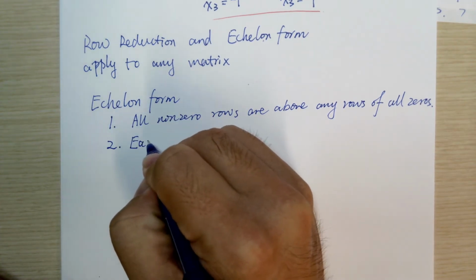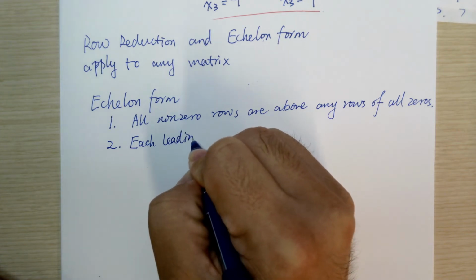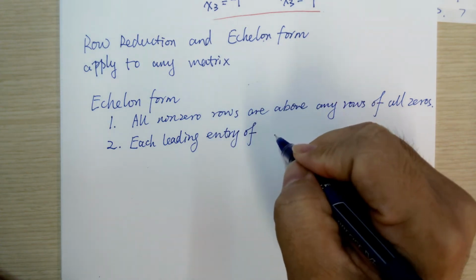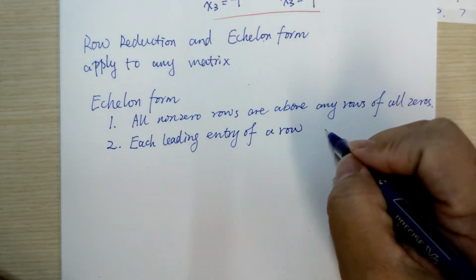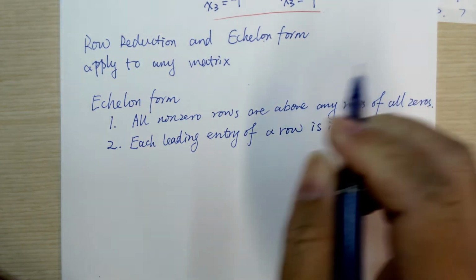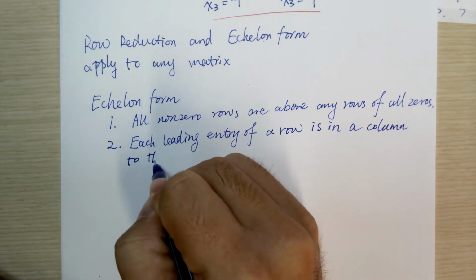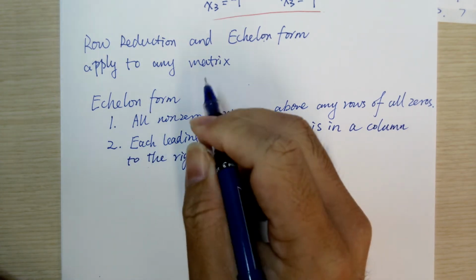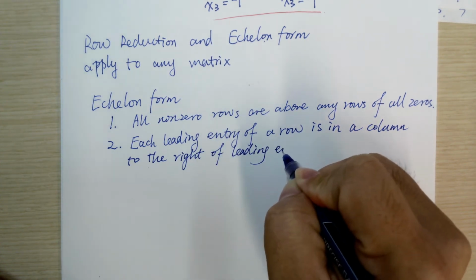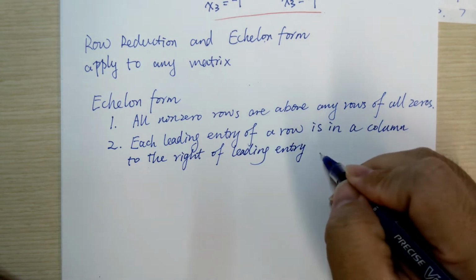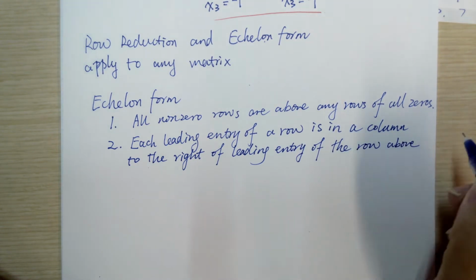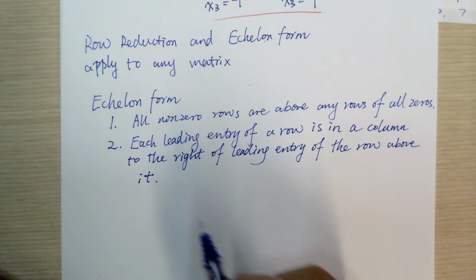Number two, each leading entry of a row is in a column to the right of the leading entry of the row above it.